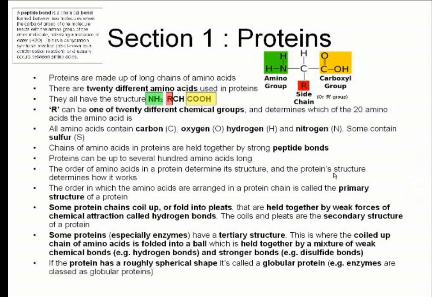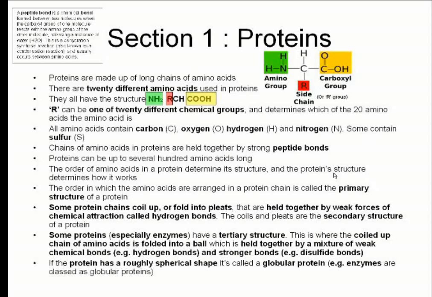The coils and pleats are the secondary structure of a protein. So basically, in the secondary structure, it's all the coils or the pleats, and hydrogen bonds hold them together.